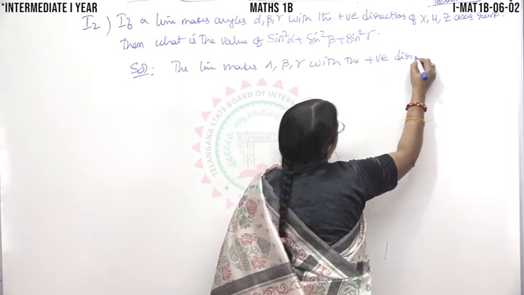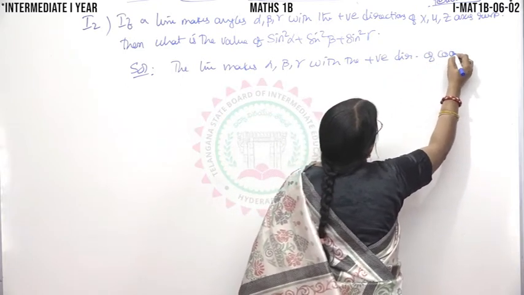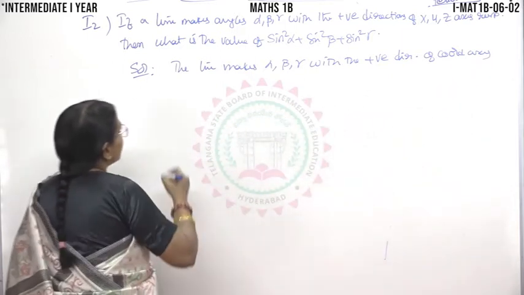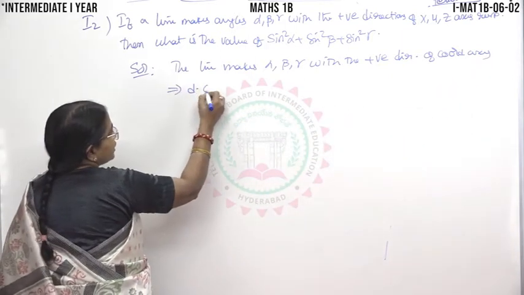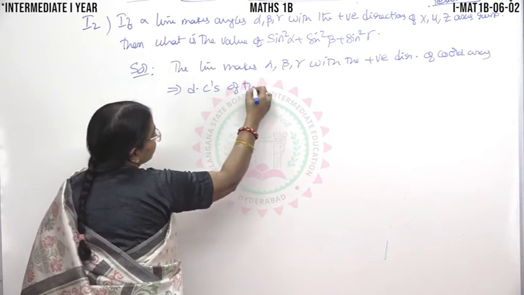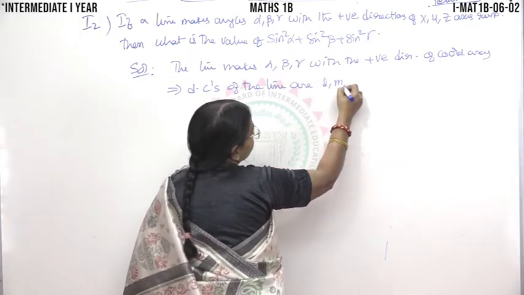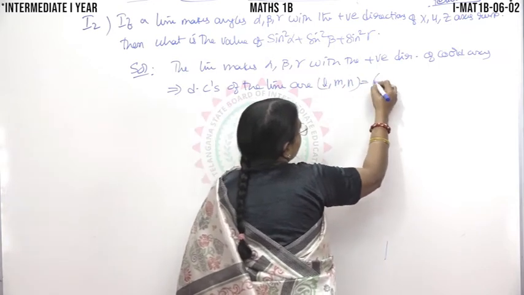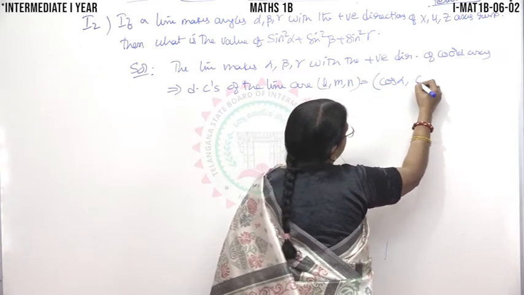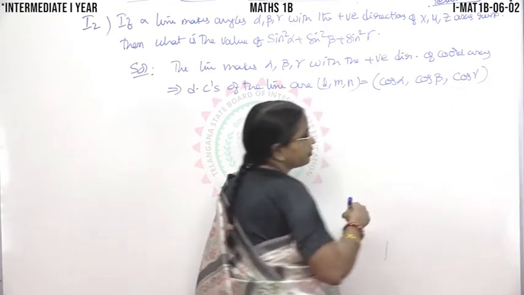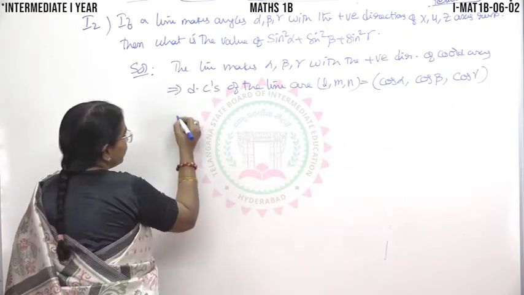With the positive directions of coordinate axis implies what are the direction cosines of that line? Implies the DCs of the line are L, M, N. So what are L, M, N? L is cos alpha, M is cos beta, N is cos gamma. This is by definition.